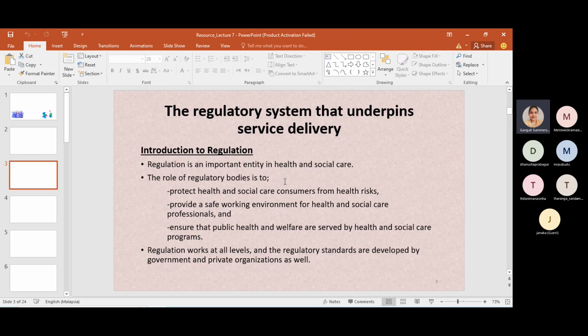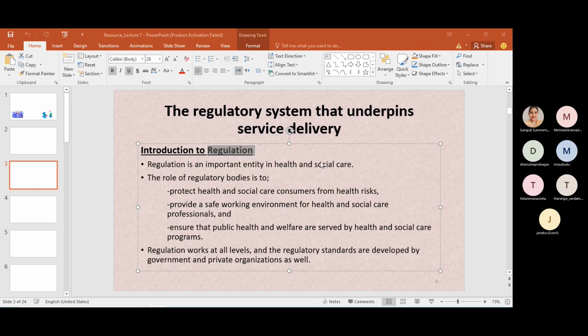So guys, regulation is basically something like supervising. I told you that we are not talking about those rules, acts and regulations today, right?